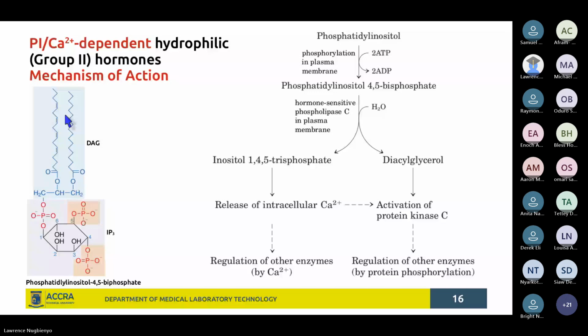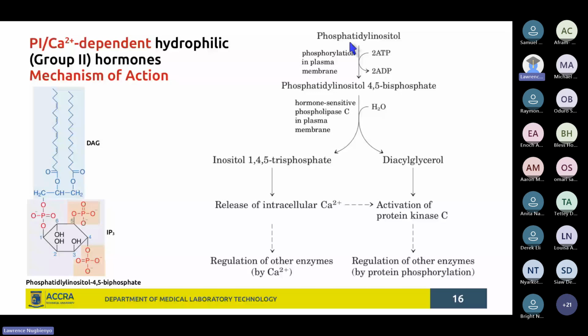All right, so if that is understood, we said the second messenger is phosphatidylinositol and calcium, working together. Now what we see here is, if you have the hormone binding onto the receptor in the cell membrane, that transmembrane protein, it triggers the phosphorylation of phosphatidylinositol.